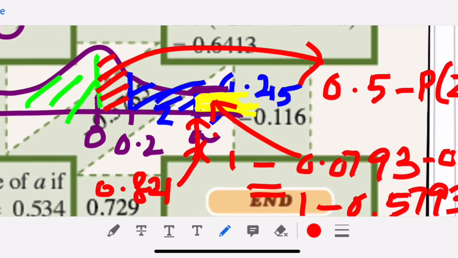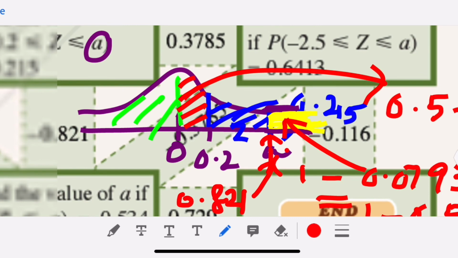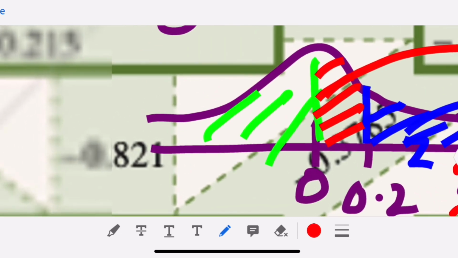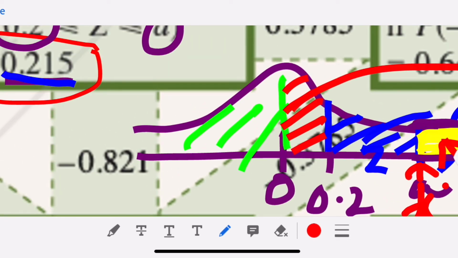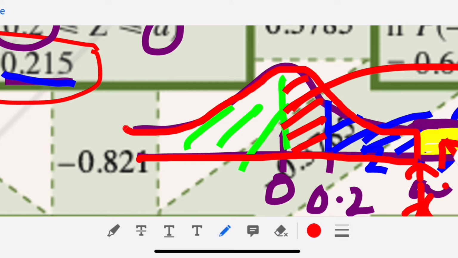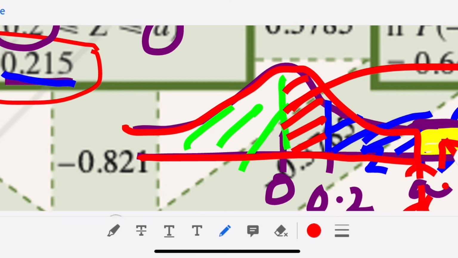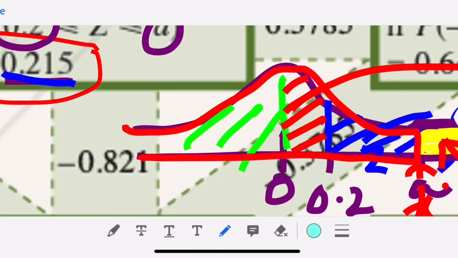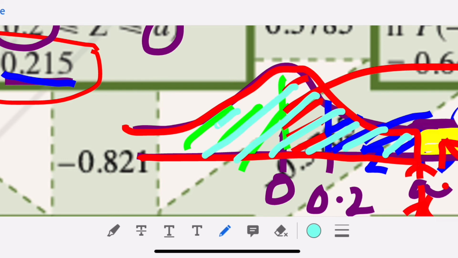So if you use the calculator, you want to find the inverse. My advice to you is you use this area that is shaded to the left, right? So I'm going to highlight the area for you. If you are going to use a calculator, you have to find this area.